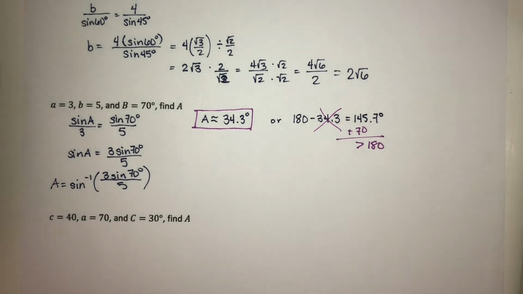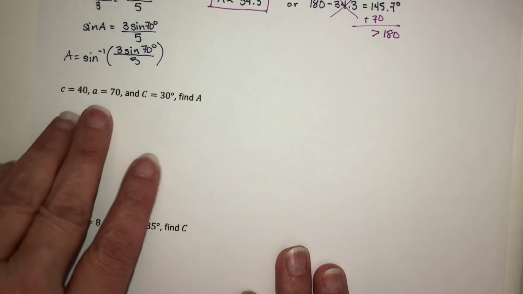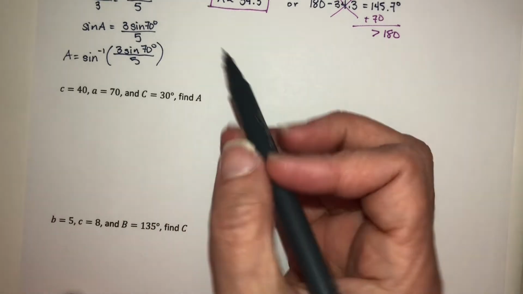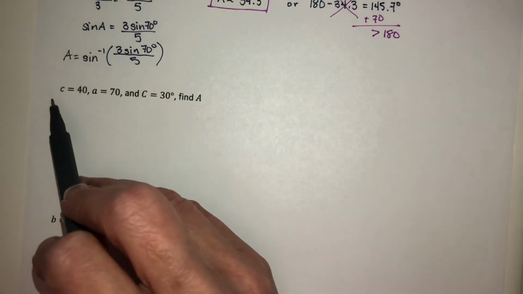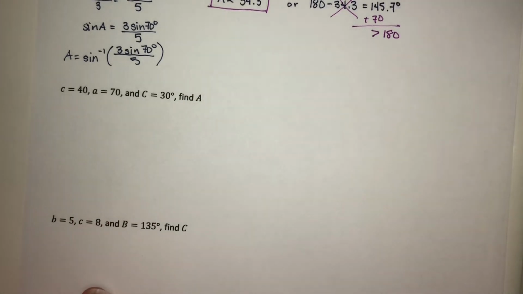Okay, so let's look at this one where c is 40, a is 70, and the angle C is 30 degrees. And we're looking for an angle again. This is another side-side-angle. So again, we might have one solution, two solutions, or none at all.